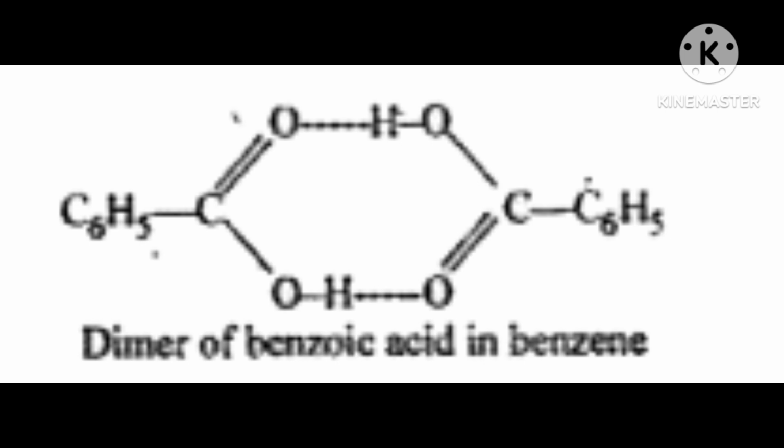For this type of molecules, the molar mass is either lower or higher than the expected, or normal, value. In the case of acetic acid, ethanoic acid, it will be half.